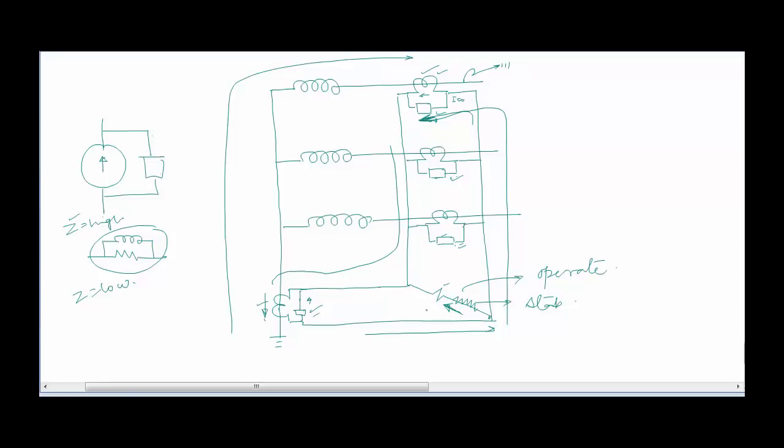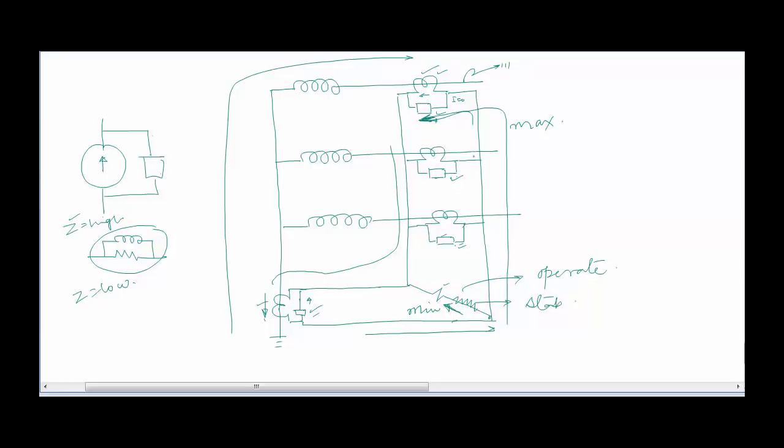That's why a minimum amount of current will flow through this path, and the maximum current will flow in this way. So this is how, when we implement stabilizing resistance, we avoid the operation of the restricted earth fault relay when there is a fault outside the restricted earth fault zone but one of the CTs has got saturated.